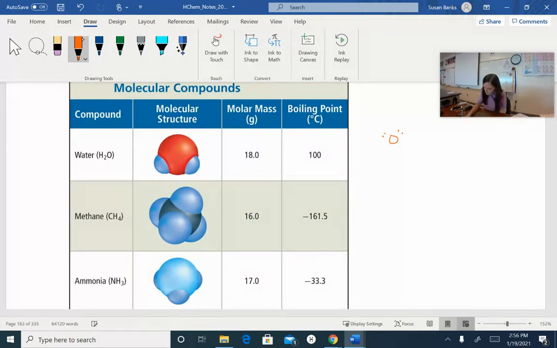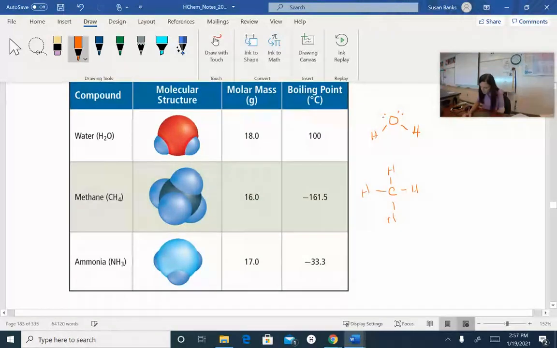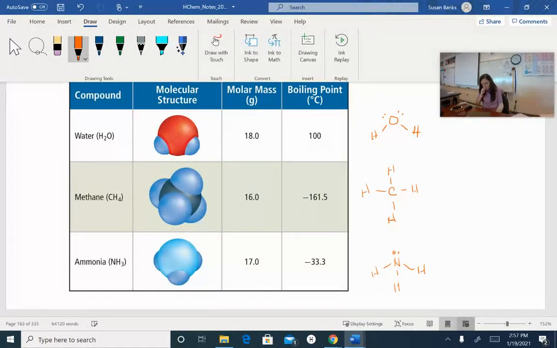I'm going to just draw the Lewis structure here. We have methane. And we have ammonia. Okay, so water can definitely have hydrogen bonds, right?